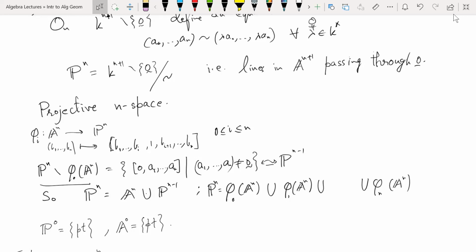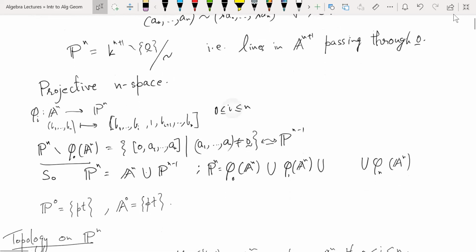And the complement is like P^(n-1). So you can think of P^n as a disjoint union of A^n and P^(n-1). Of course, P^n you can also think of as a union of these A^n's. So phi_0(A^n) is a subset of P^n, and phi_1(A^n) is also a subset of P^n.